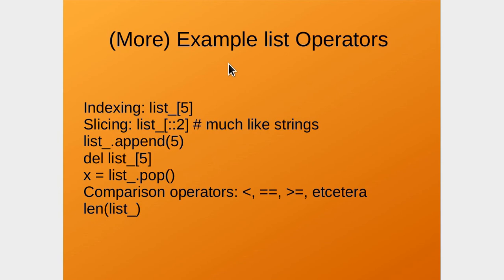This example deletes the fifth element from a list. List.pop gives the last element of a list. It's convenient for using a list like a stack. You can use comparison operators on lists, like less than, equal, or greater equal, and the others. And you can take the length of a list with the len function.